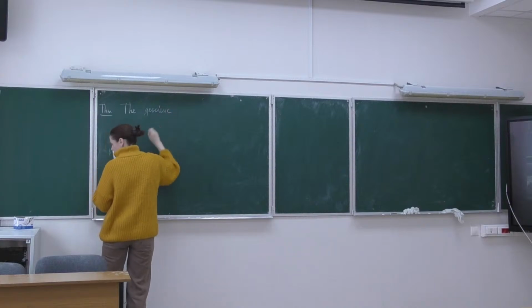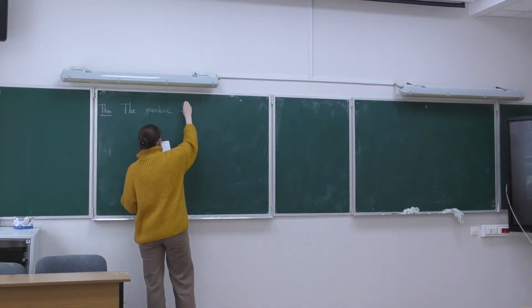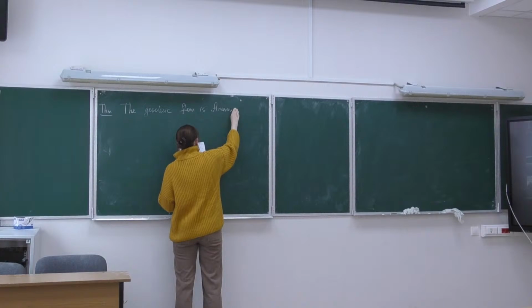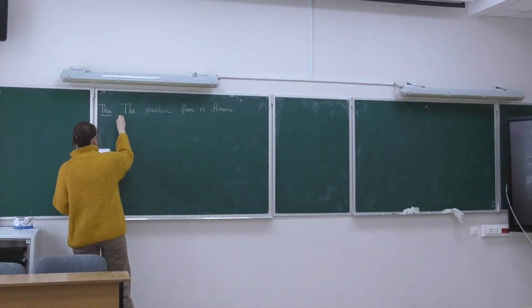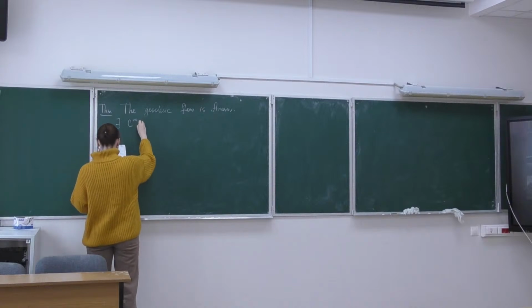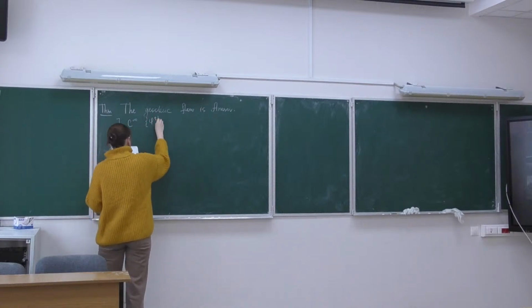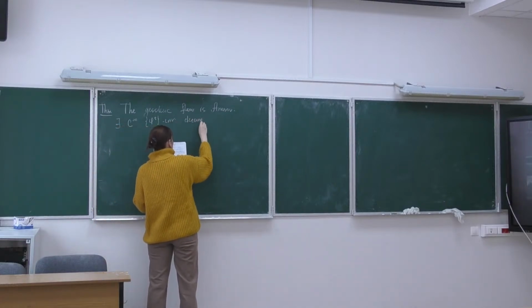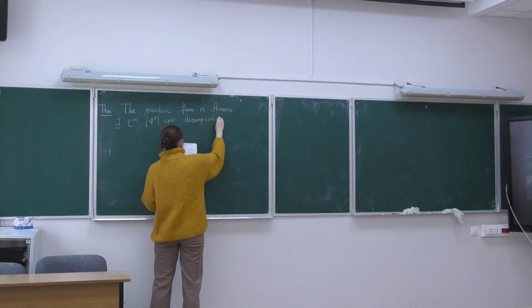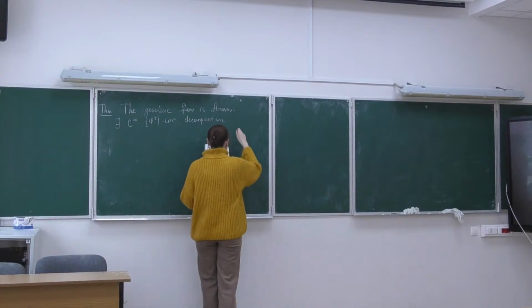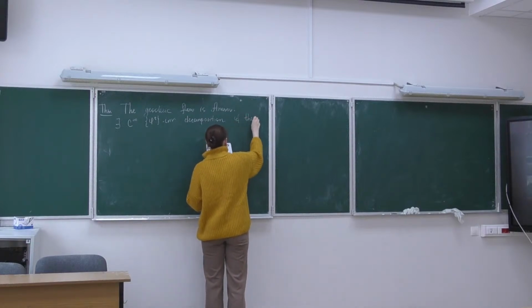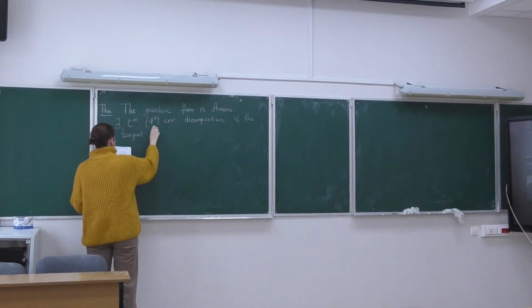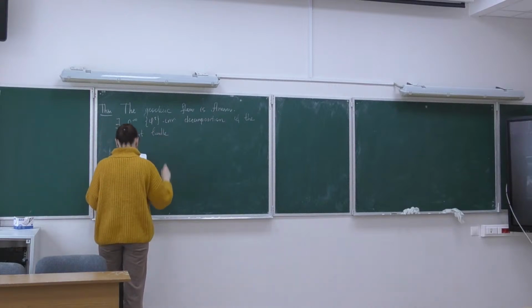We checked that the geodesic flow is Anosov. What does it mean? We found a smooth phi-invariant decomposition of the tangent bundle to SM.